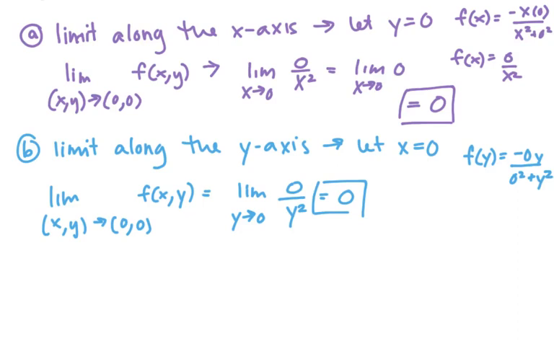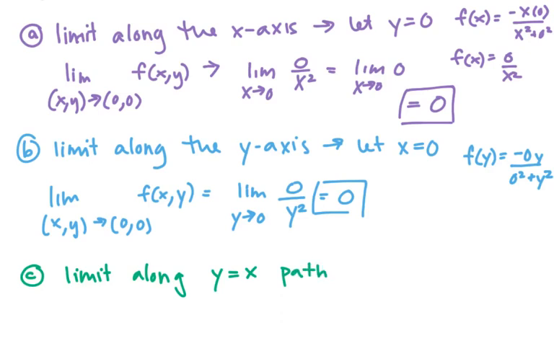So we looked at choosing these two paths, and we let y be a constant value and x be a constant value, and what happens along that function as y approaches 0 or x approaches 0 respectively. So let's look at a third example just to make sure. Let's check more than two because there are infinite paths. So let's look at the limit along the y equals x path.